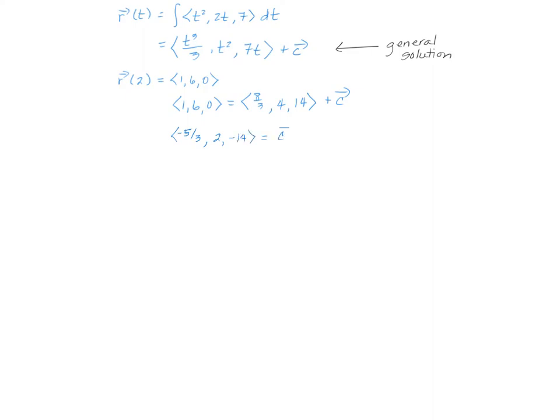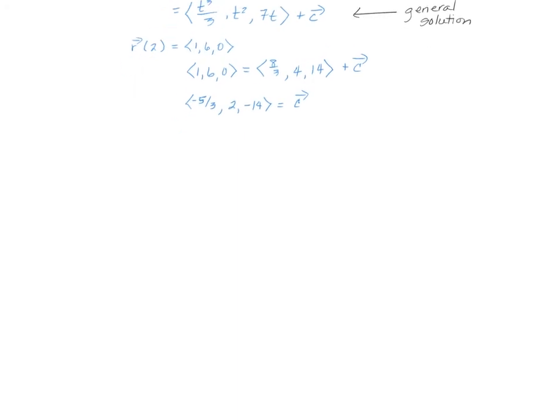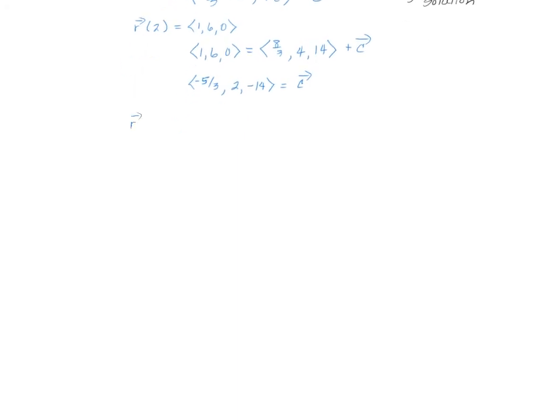And that would be my constant vector, which means our function, given those initial conditions, would be the vector, remember all we're doing is replacing the constant vector, so that's t to the third over 3, comma, t squared, comma, 7t, plus the vector negative 5 thirds, comma, 2, comma, negative 14.